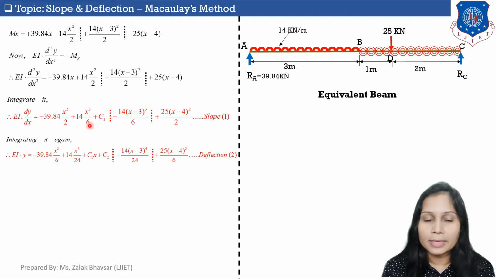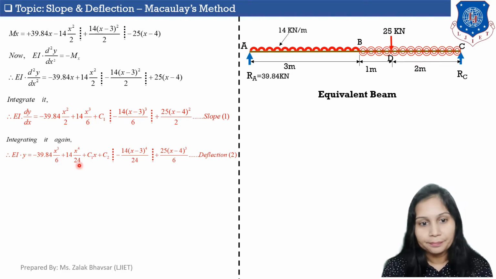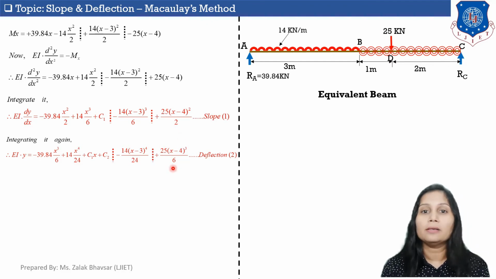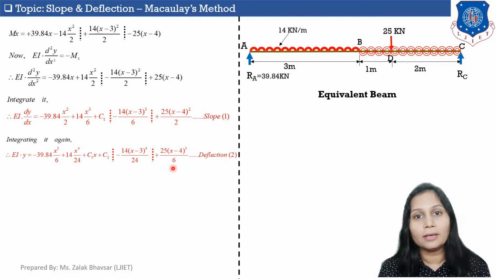Multiply 4 with this 6, so we will get 24, plus C1x plus C2, minus 14 times the integration of (x minus 3)³/6, which will be (x minus 3)⁴/24, plus 25 times the integration of (x minus 4)², which will be (x minus 4)³/3. 3 multiplied with 2 we get 6. So here is our second equation for calculation of deflection.